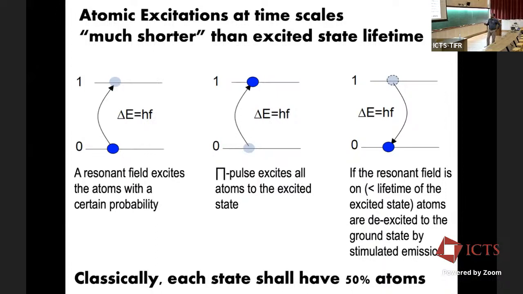But if we keep that field on, due to stimulated emission, the atom will come back to the lower state. If we wait further, then the stimulated emission will not happen, but it will radiatively decay. That is called fluorescence. But here I'm talking about the stimulated emission.